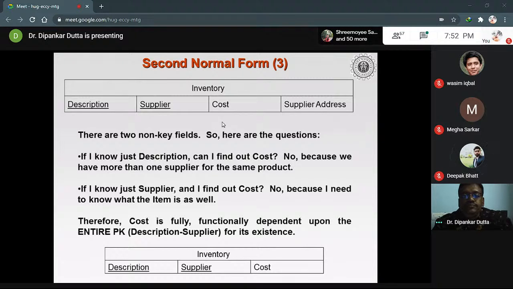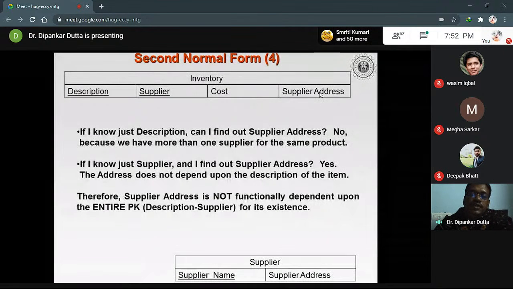Yes, sir. Okay. Next thing, we have to consider the supplier address. If we know the description of the item, we cannot find out supplier address because we require the supplier ID or supplier name to find out the supplier address. But if we know the supplier ID only, we can find out supplier address.